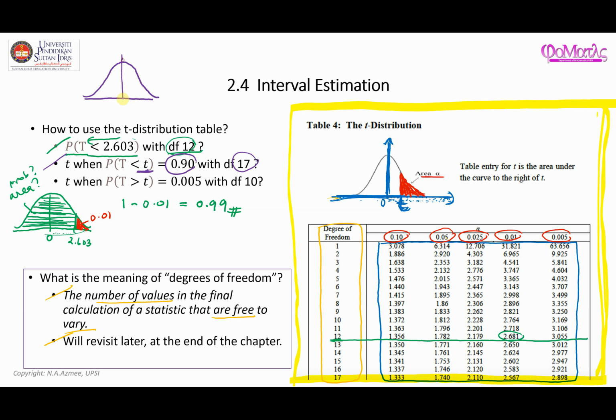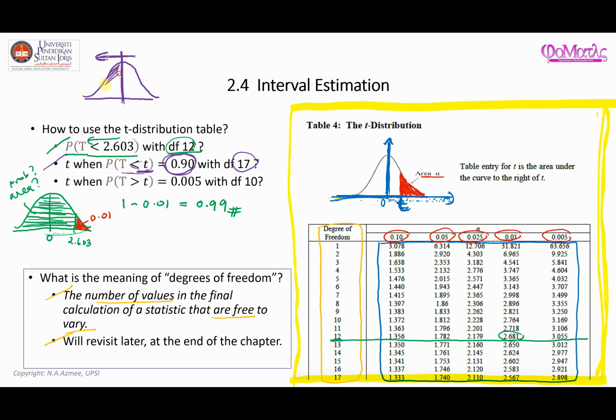So therefore we know that this is a symmetric distribution. So the area here is already 0.5. Each side is 0.5. So it basically says that t being less than this value here. So we know that the area is somewhere to the left, and the area is 0.9.